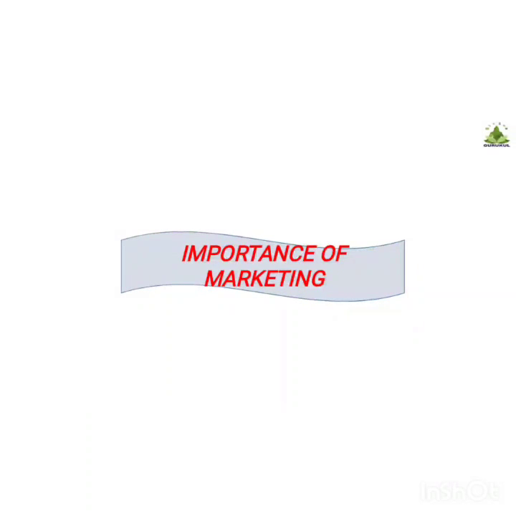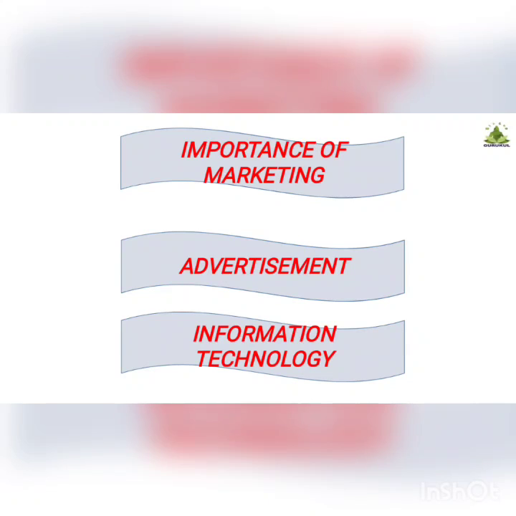In this, we'll be dealing with advertisement and information technology. Now, what does advertisement mean and how does it help marketing? Definitely, children, when we see the product directly, when we go and see it in the shop, we feel whether we should use it or not. But advertisement is such a concept which helps us to purchase the product.